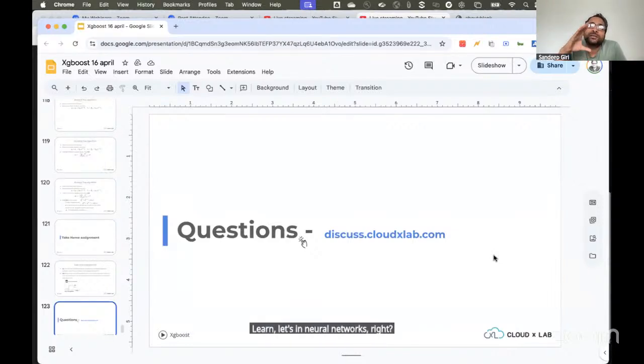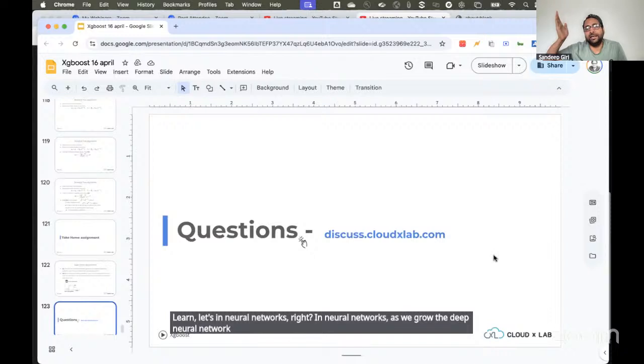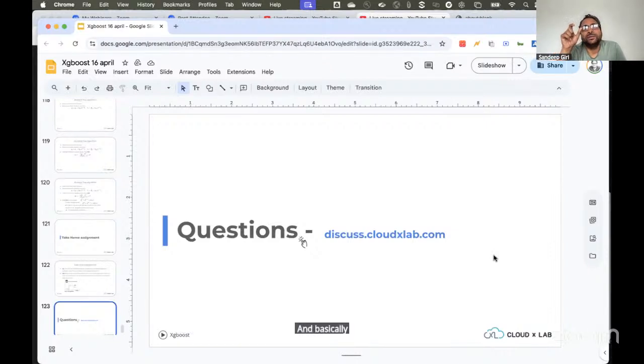In neural networks, as we grow the deep neural network and add layers, on one hand we are improving the accuracy. On the other hand, we are increasing the loss due to overfitting, right? And basically, we need to have the balance between the two. So the similar philosophy, similar maths that we do today could be applicable there.